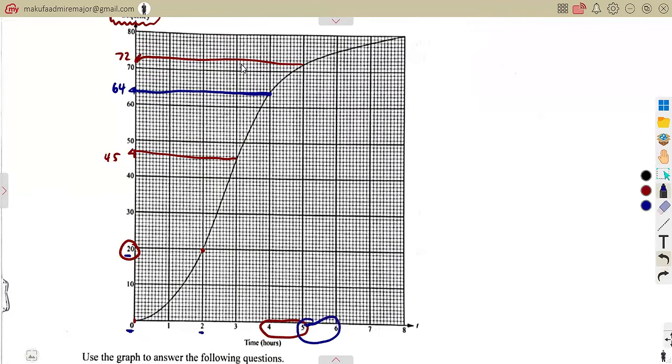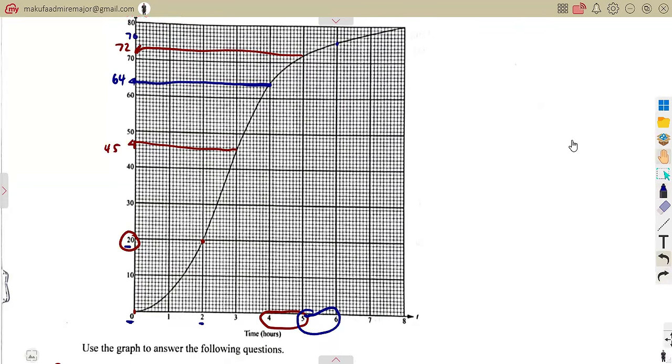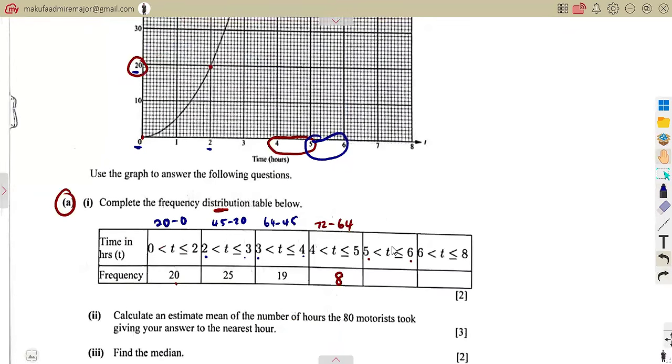Remember, at 5, it's 72. At 6, if you take it straight to the corresponding point, it was approximately at 76. So we're going to have the difference of 76 and 72, which is a 4.